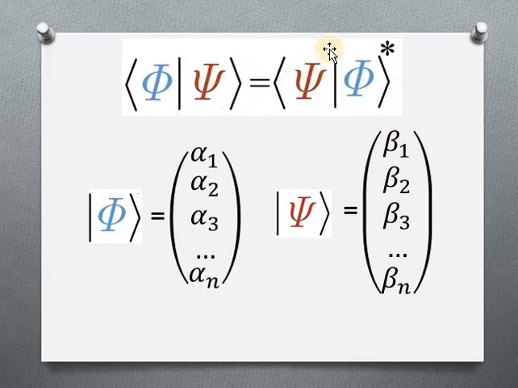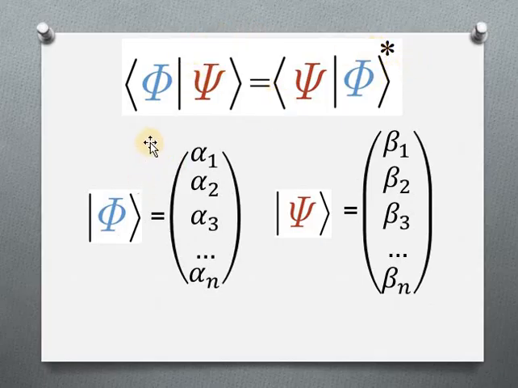So we can in general write that bracket phi psi is equal to bracket psi phi star, right? You have to consider this star. Without it, the statement would be wrong in general for complex quantities.